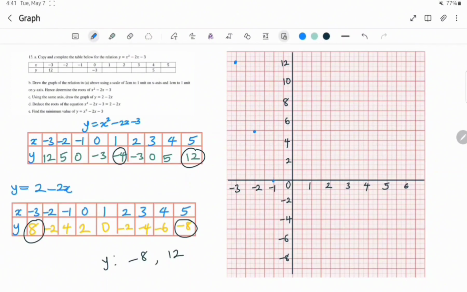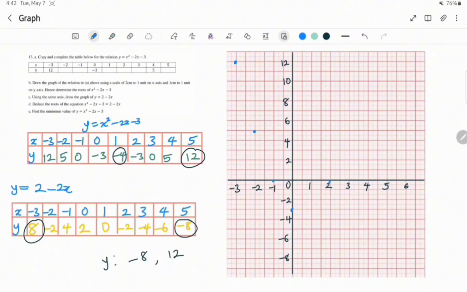When x is 0, y is -3. So this is x at 0 right here, but y is -3. So this is where -3 is. Then when x is 2, okay, I've jumped. When x is 1, y is -4.